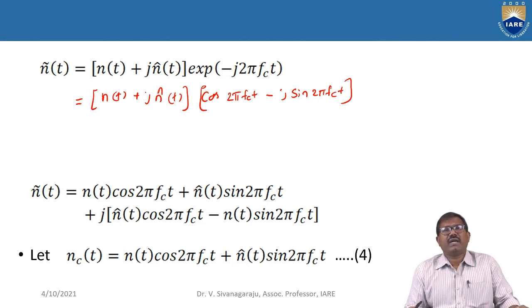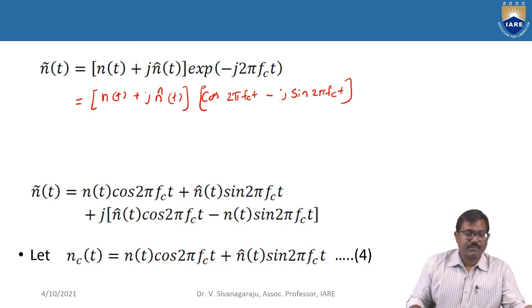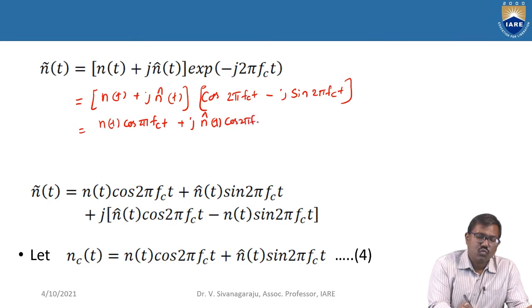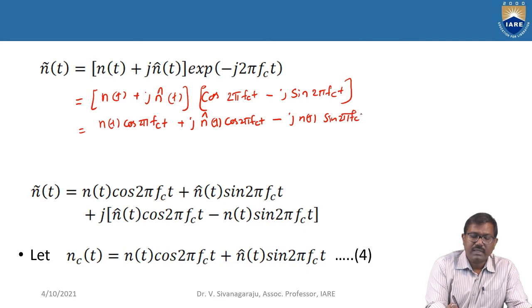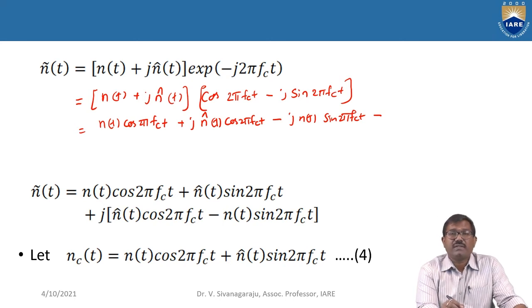So we are going to multiply this cos term with both N of t and n cap of t, which is equal to N of t cos 2 pi f c t plus j n cap of t into cos 2 pi f c t minus j N of t into sin 2 pi f c t minus, here we have j n cap of t, and again we multiply by minus j.